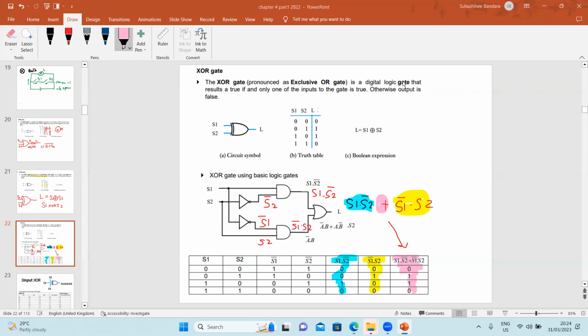Draw the circuit and then draw the truth table quickly. If possible, draw without looking. If you have any issues, you can copy straight away. Okay, try this one.